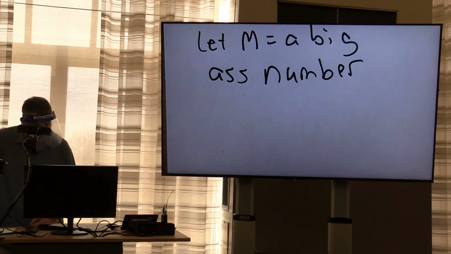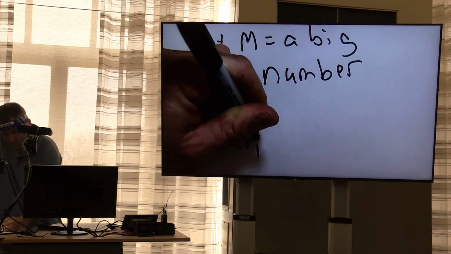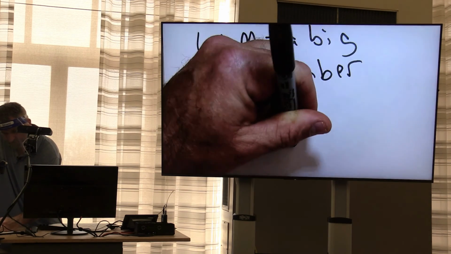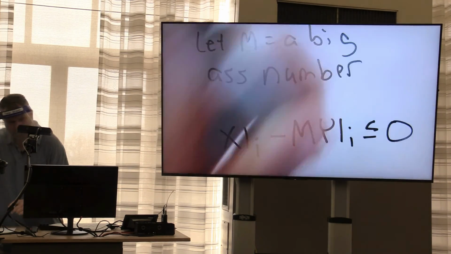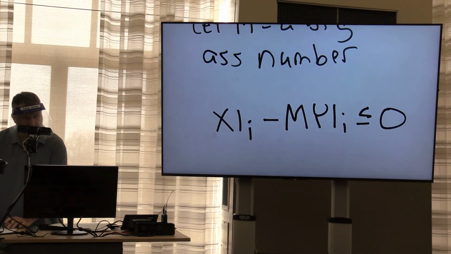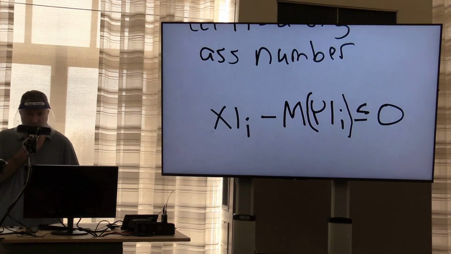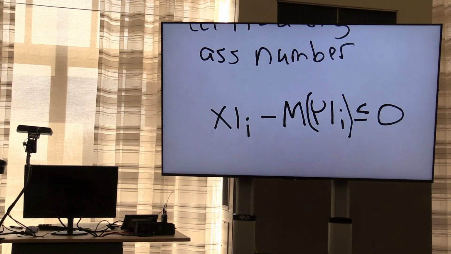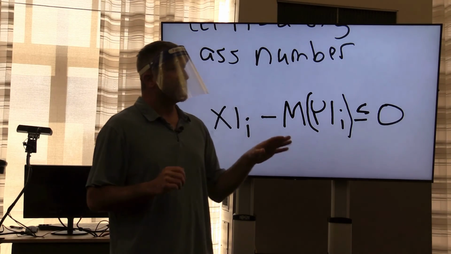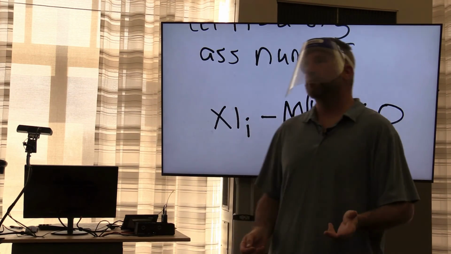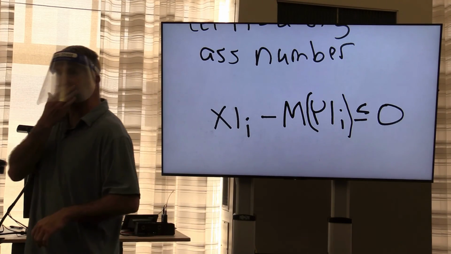Well, what if we did this? Let's see what this would say. This constraint has to hold: the amount of gum we produce in any one month minus the big number times Y1I must always be less than or equal to 0.